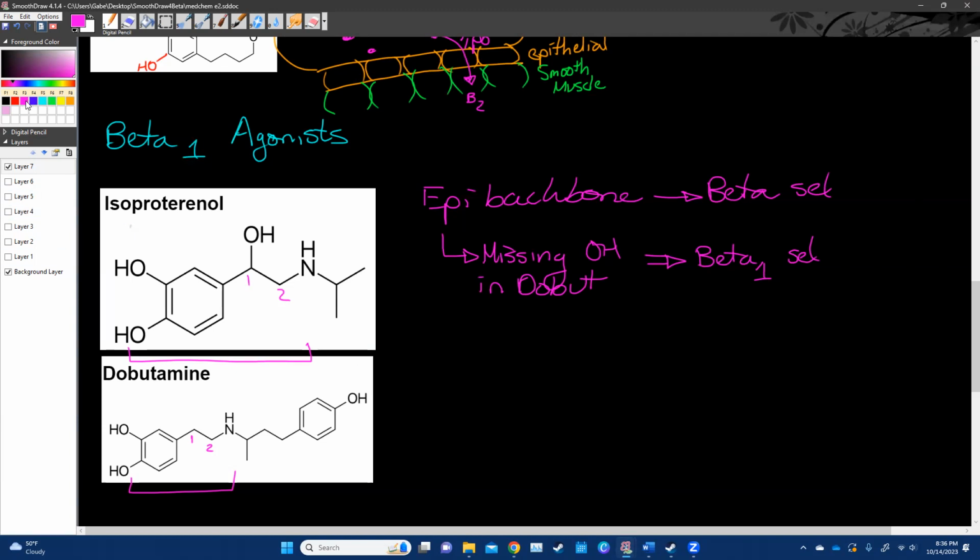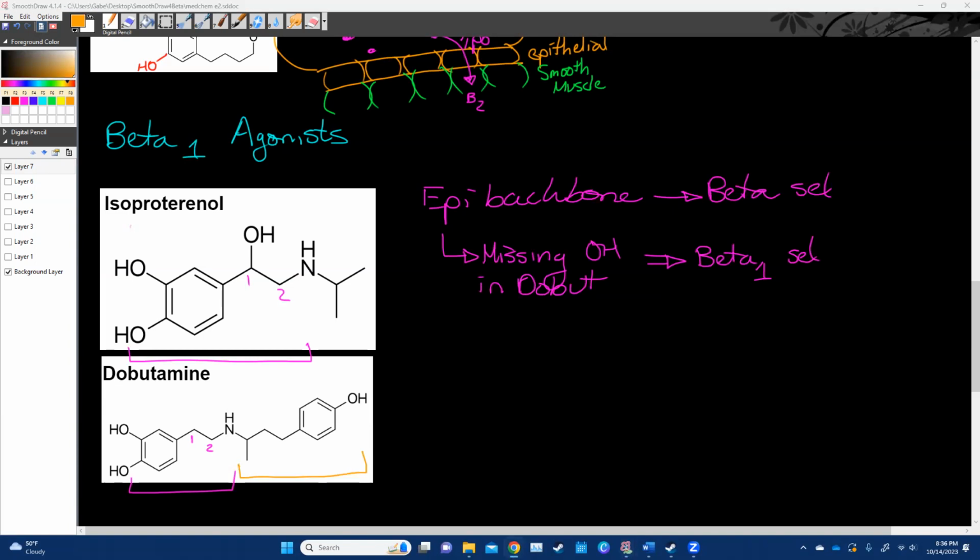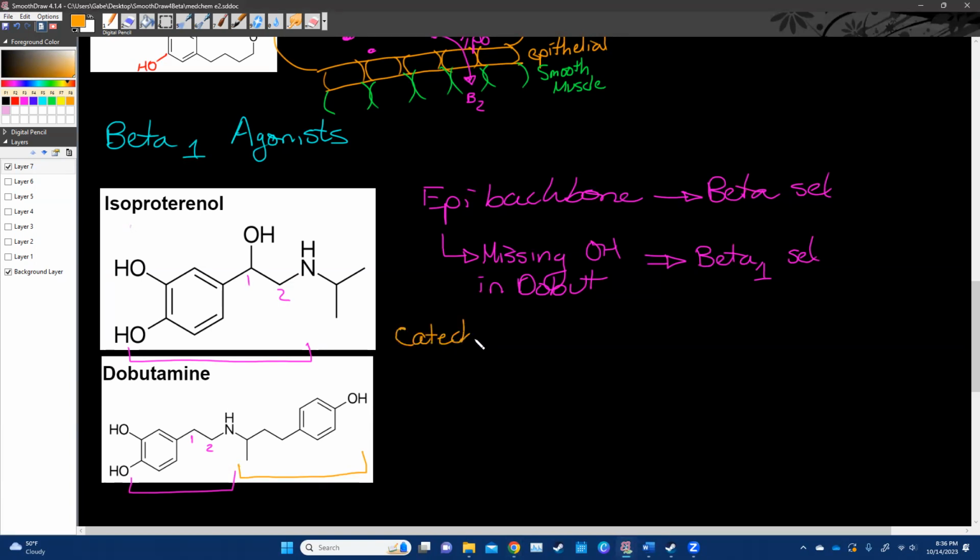What is the effect of having this massive tail for dobutamine? What would the effect here be? Exactly. What we find is that for catecholamine drugs, right? So these are drugs going to the alpha or beta receptors.